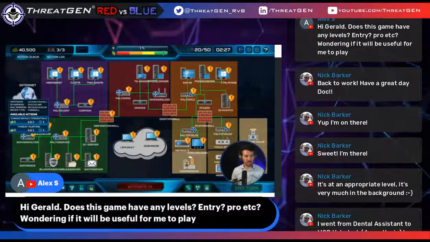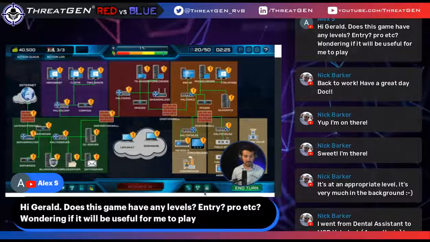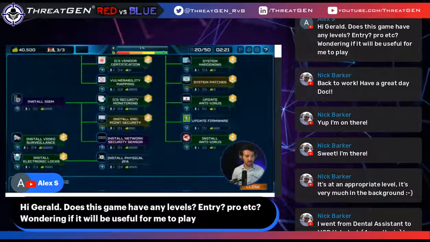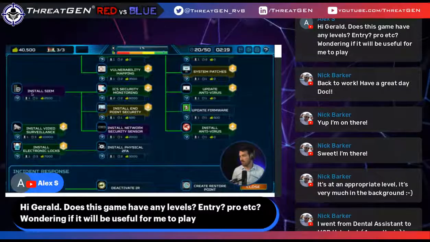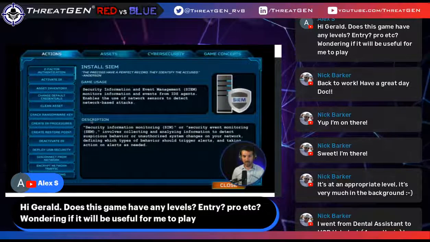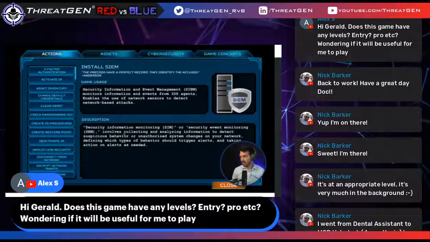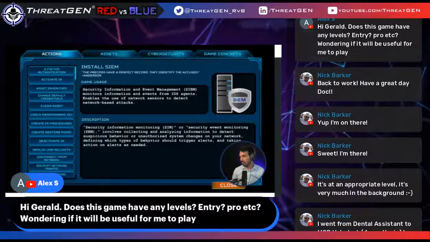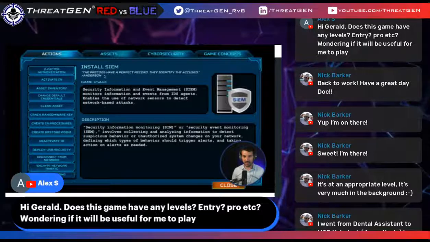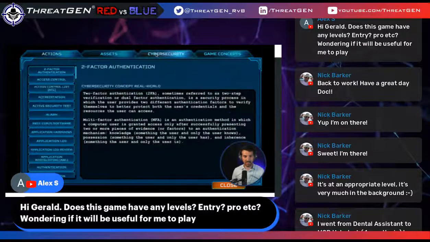But you can look at the different activities you can do. These things unlock as you move things. So you could say, okay, install SIEM. What's the value of a SIEM? You can click on this question mark and it tells you what a SIEM is in real life, in practice, and then how it works in the game itself, right? So it has that value.